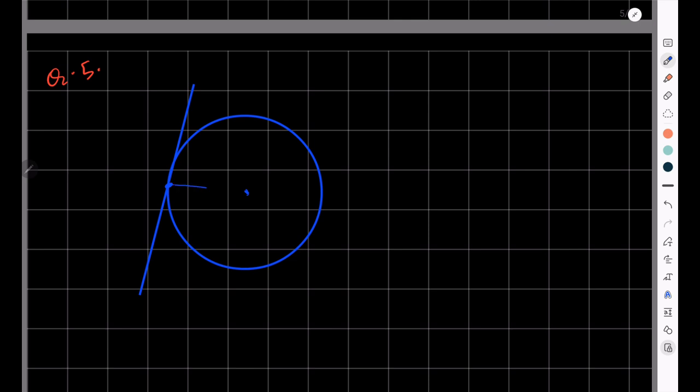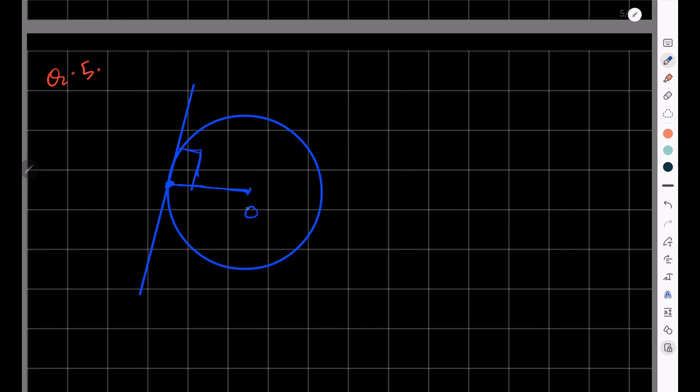The perpendicular at the point of contact to the tangent to a circle passes through the center. So we have made a perpendicular from the point of contact, and then we need to prove that it will pass through the center of the circle.